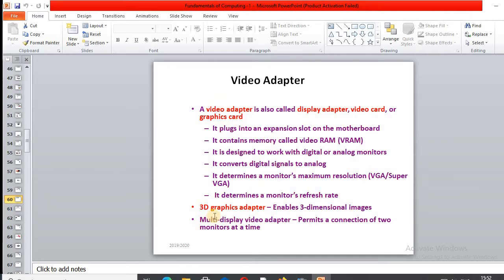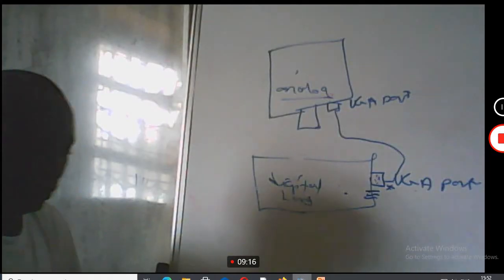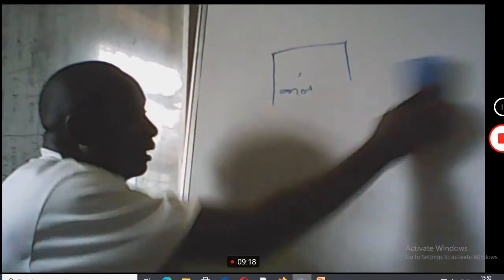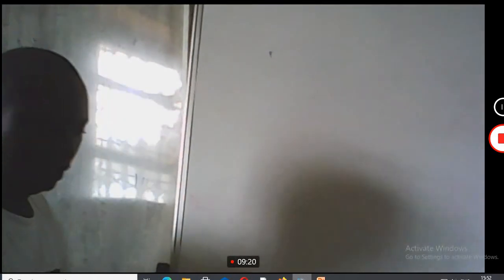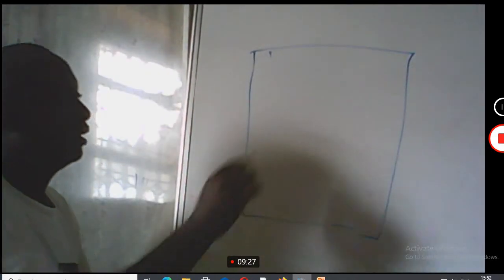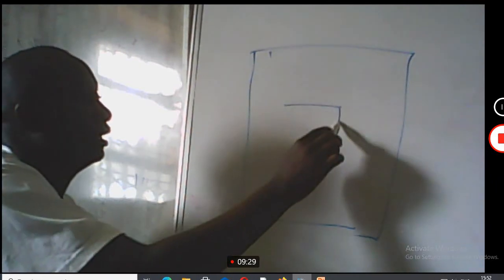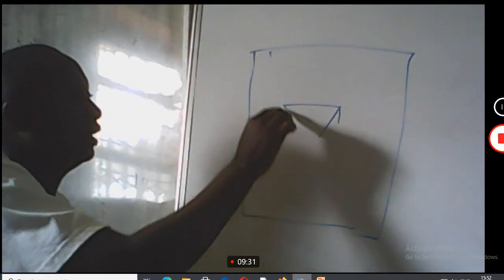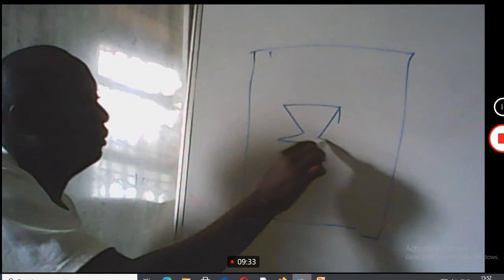So 3D graphics adapters enable three-dimensional images. The three-dimensional images, that's now when you are on the monitor, this will always assist us. For example, when we have our monitor like this, and when I draw something here, I may see only some few things.